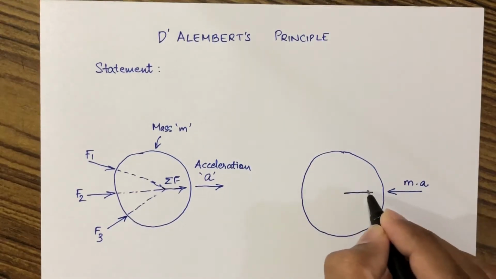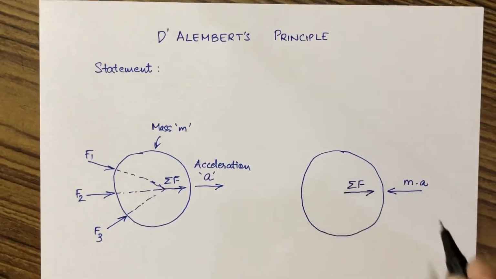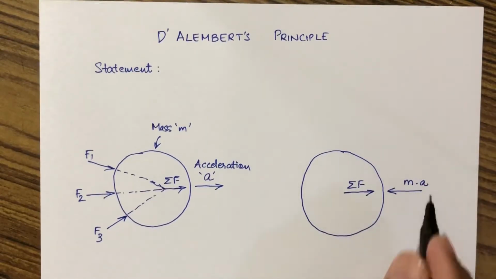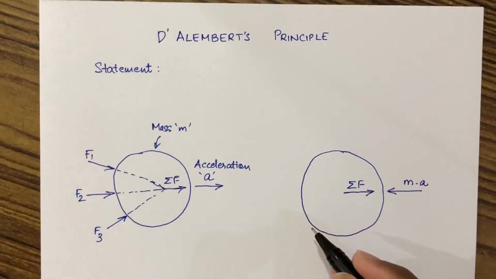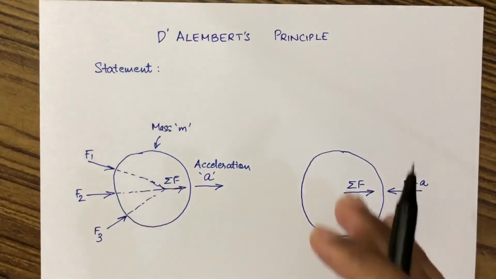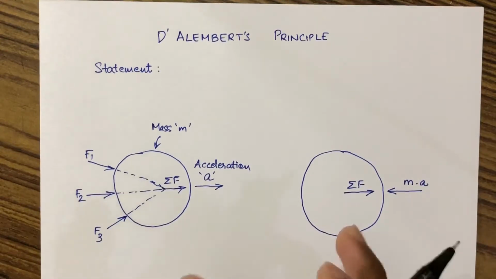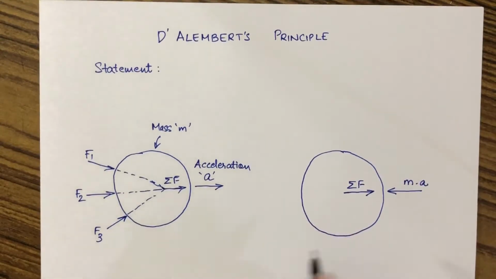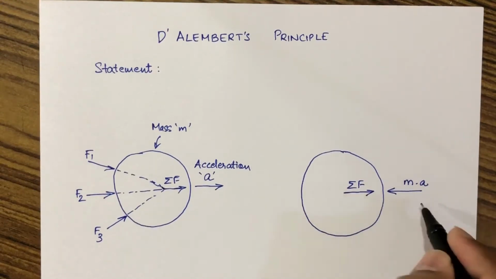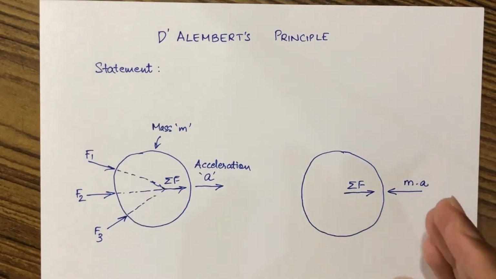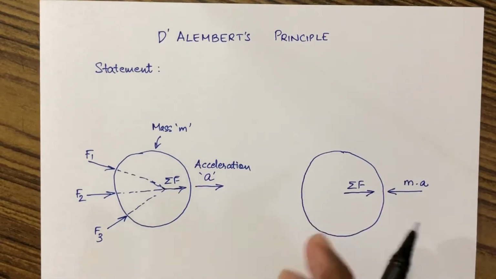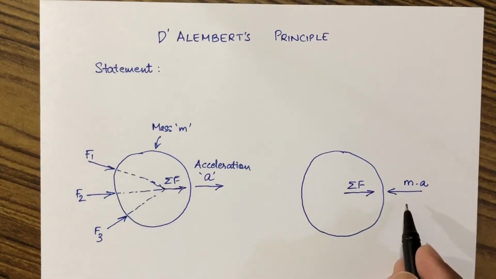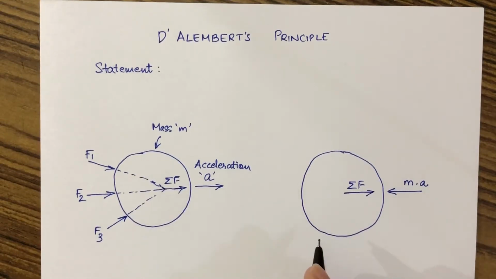And already one summation F was here. And one opposite direction force, that is mass into acceleration, will be applied, so that the dynamic equilibrium of the body remains. By applying this force minus Ma, the body will be in equilibrium, as the sum of all the forces acting on the body will be 0.